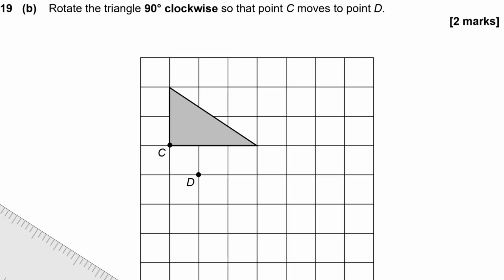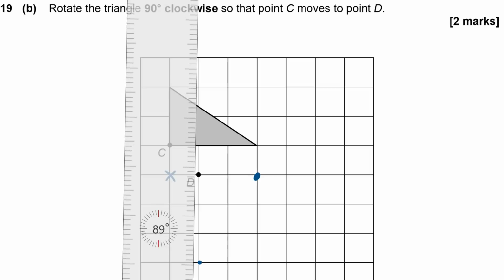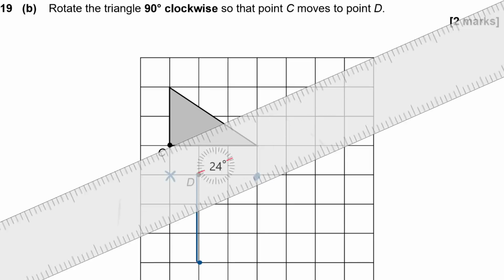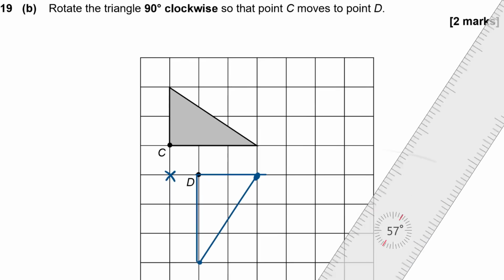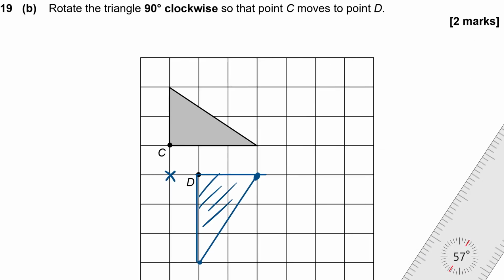If you do that a few times, you should work out that the center of rotation is here. Then if you rotate your shape around that point, you'll end up with your triangle with corners here and here. Joining those together, I'm going to get that triangle.